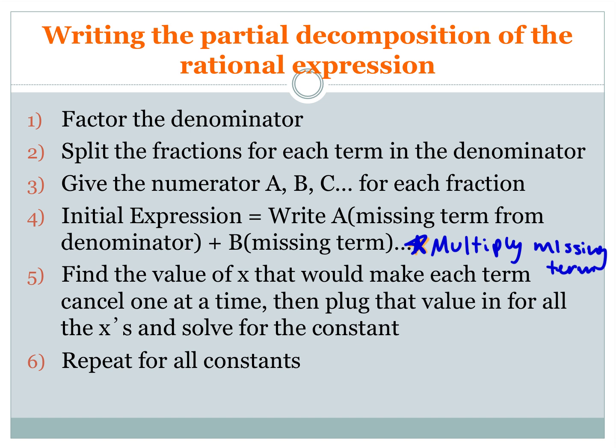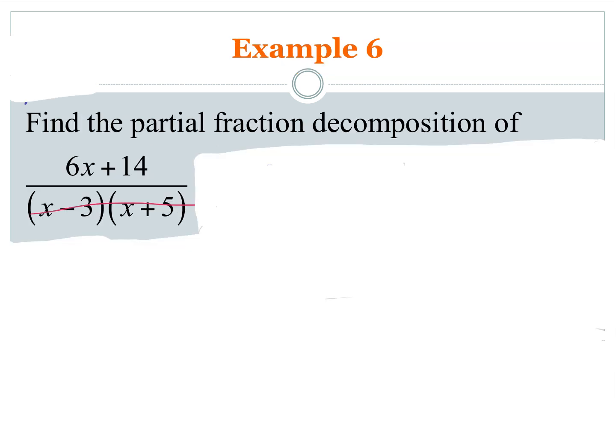It's not just the initial expression, but the initial numerator. Then you want to find the values of x that would make each term cancel one at a time, and then plug that value in for all the x's and solve for the constant, and then repeat for all constants.